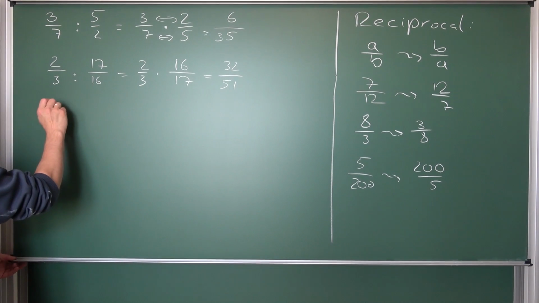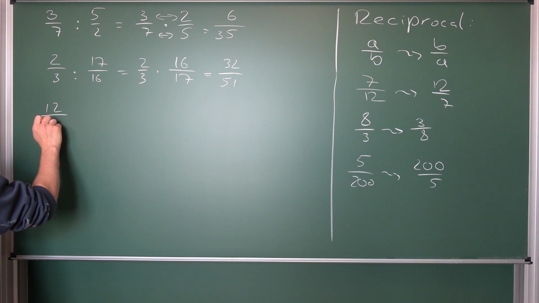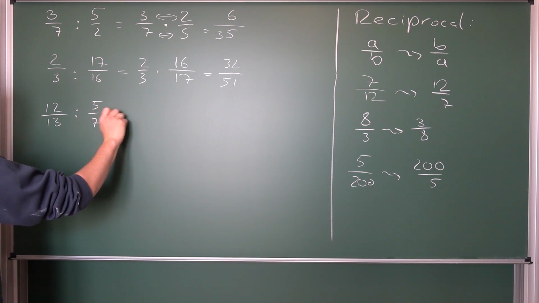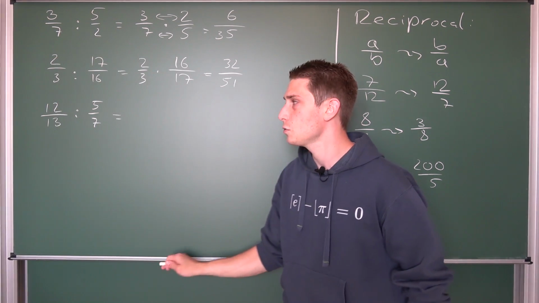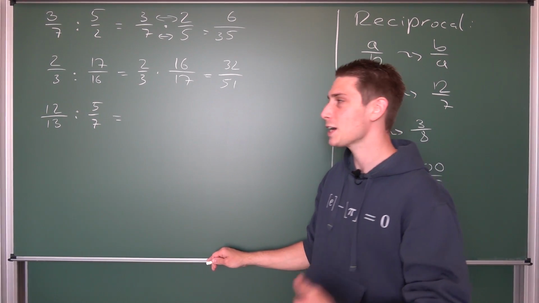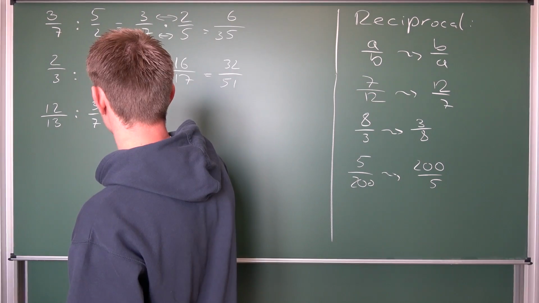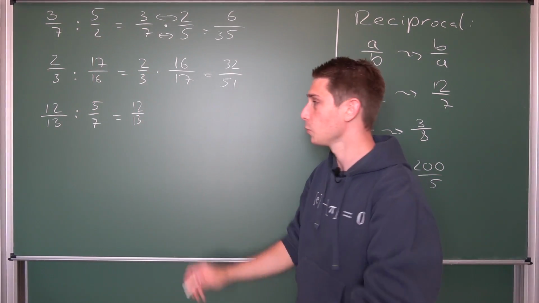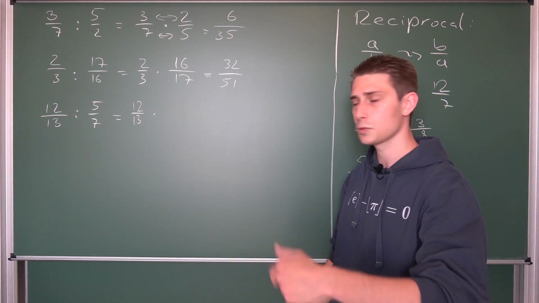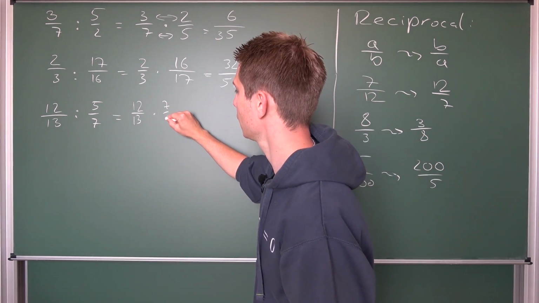Now, last example, 12/13 divided by 5/7. What are the 3 steps? Can you remember it? Okay, leave it how it is, 12/13. Division turns into multiplication. 5/7 we are going to take the reciprocal, 7 over 5.